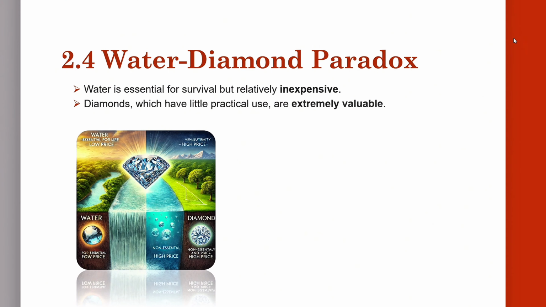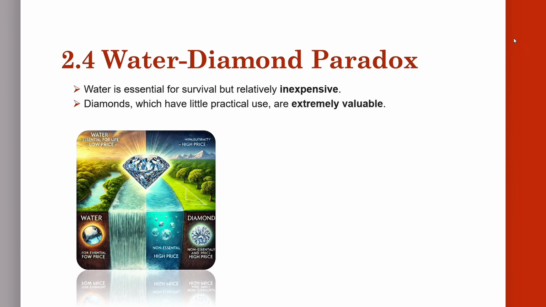Diamonds, however, are scarce. They have low total utility, but their marginal utility is high because each additional unit is rare and perceived as luxurious. So, in economics, value is not about how important a good is overall, but about how much additional satisfaction the next unit provides.